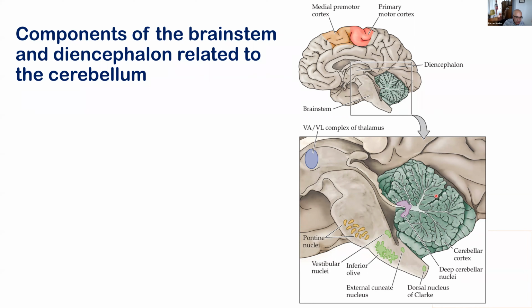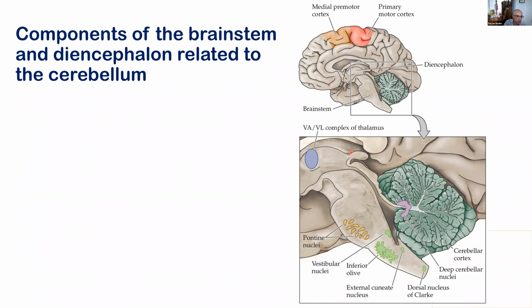The outputs that are going from the superior peduncle come from the deep cerebellar nuclei, in particular the dentate nucleus. The ones that go to the cortex first go to two nuclei in the thalamus, known as the ventral anterior and the ventral lateral nuclei of the thalamus.